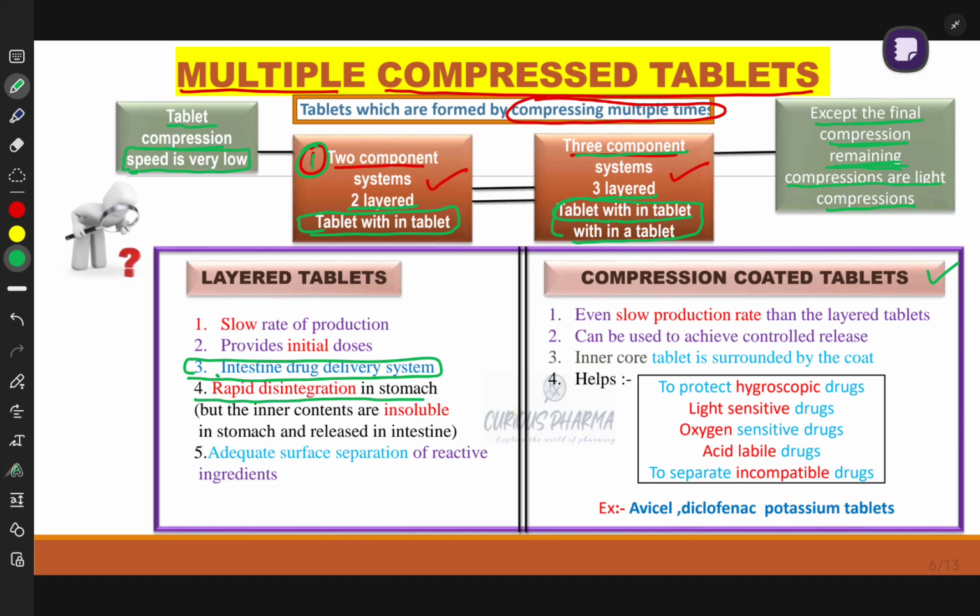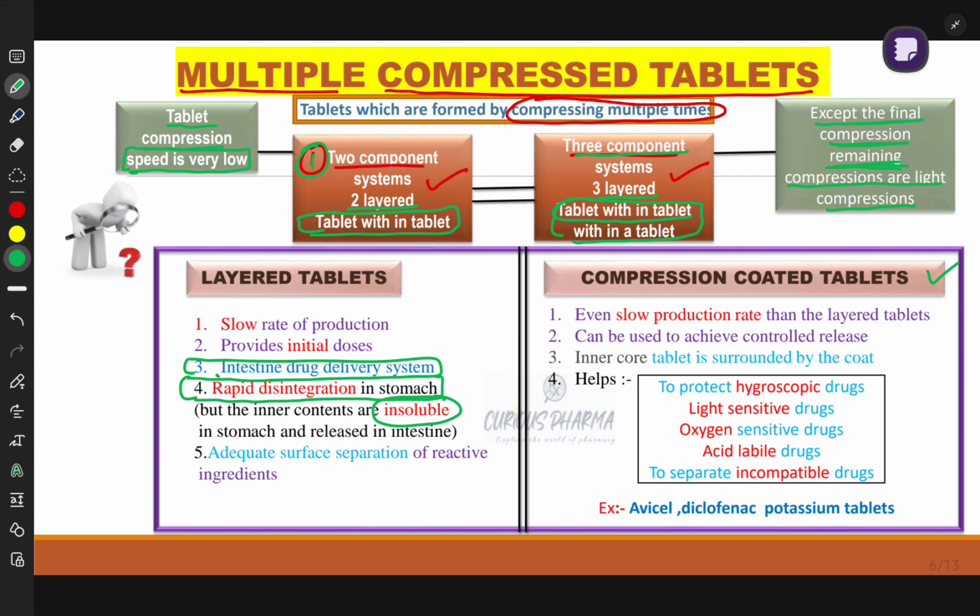Then rapid disintegration: since the outermost layer is highly disintegrable and the inner contents are insoluble, tablets with easily dissolvable outer contents are prepared.